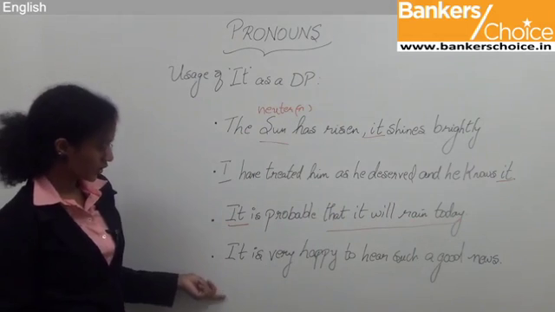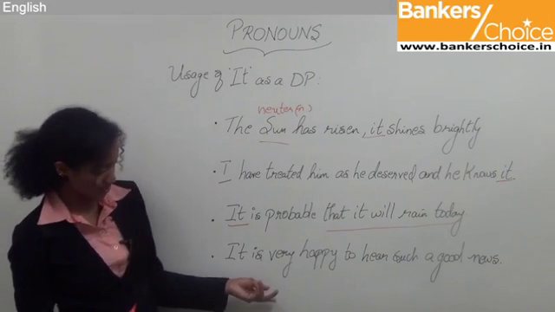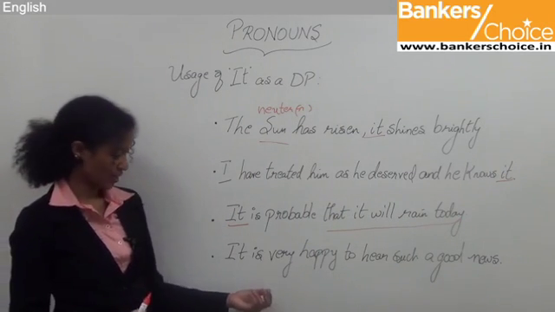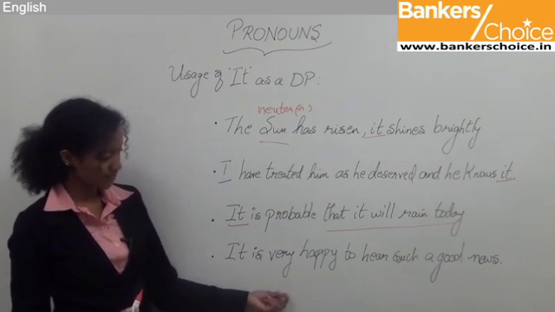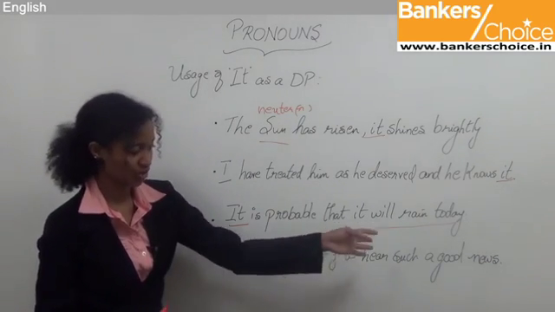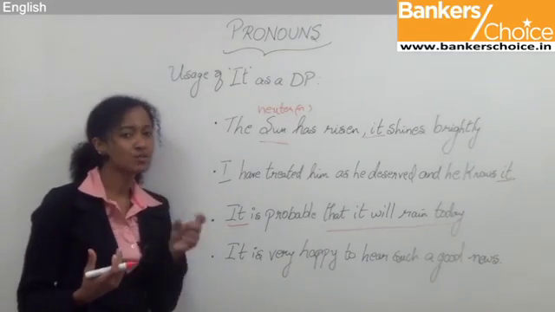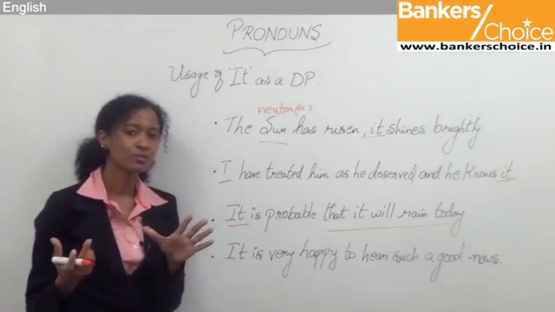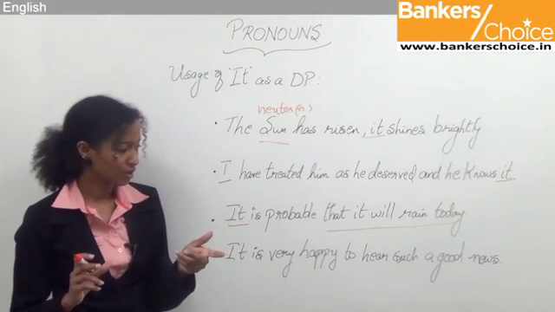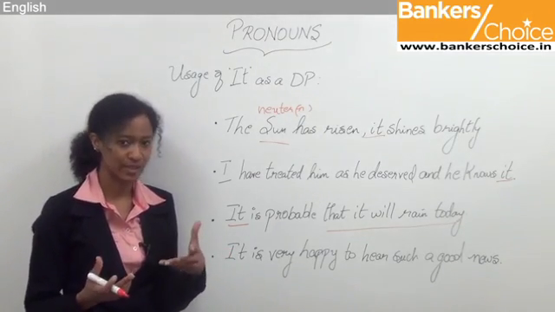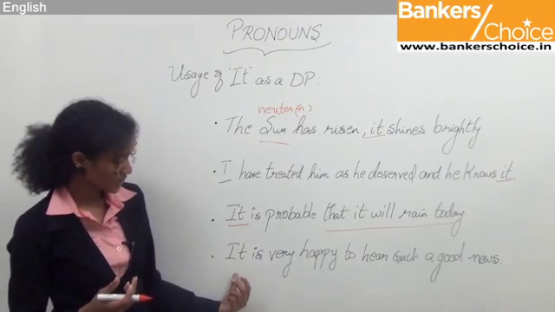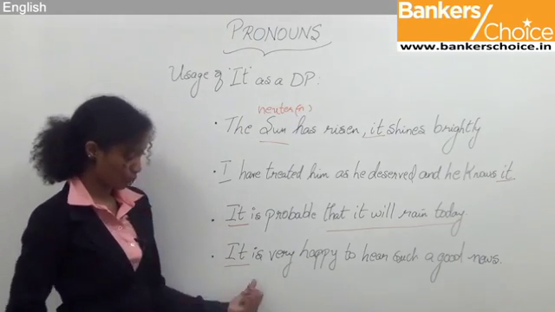The last one, it also points to a phrase that is coming after. So here in this sentence, it is very happy to hear such a good news. What is a phrase? A phrase is also a group of words. The meaning may not be complete. Usually it's incomplete. So here it is very happy. So this it points to a phrase.